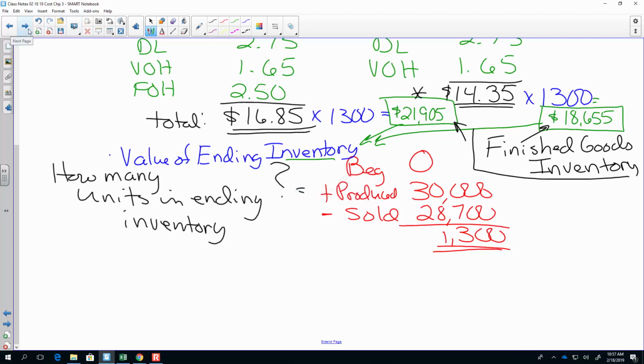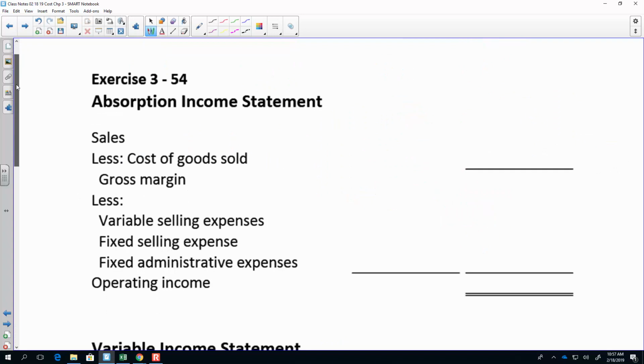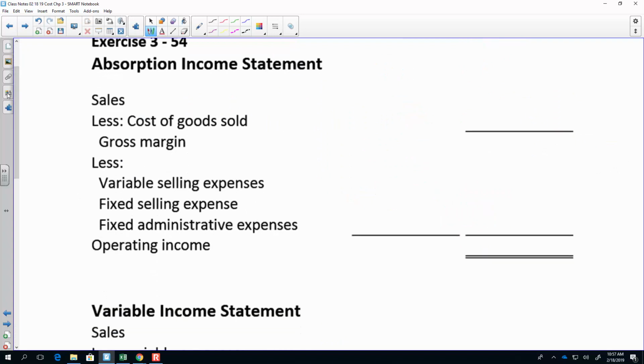All right, guys, here we go. Intermediate 101, here we go. 28,700 units sold, right? What's on an income statement? Always sold units, not produced. 28,700, what do we sell them for? $32. 918,400.